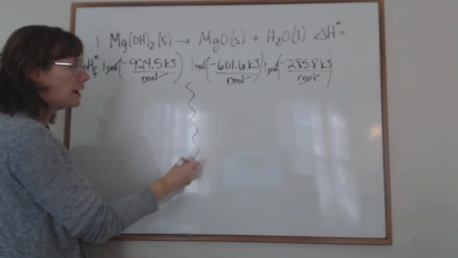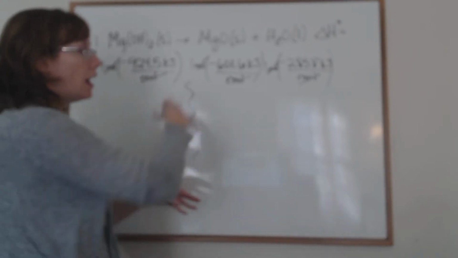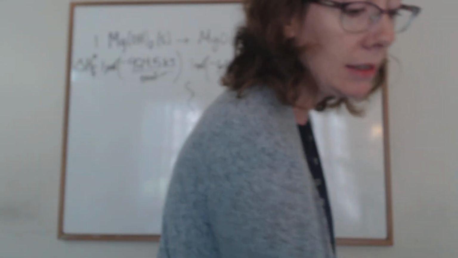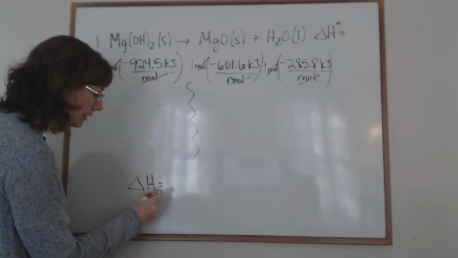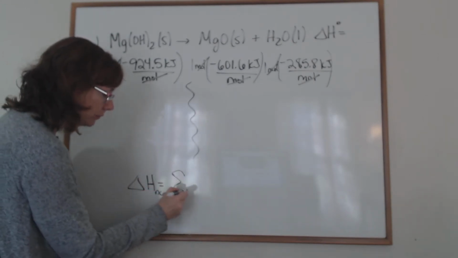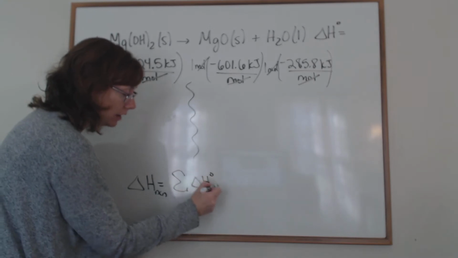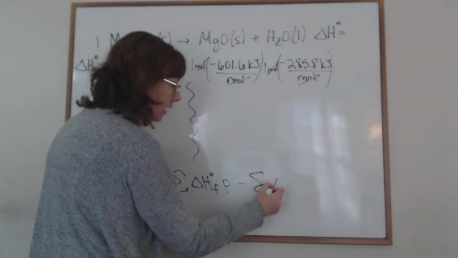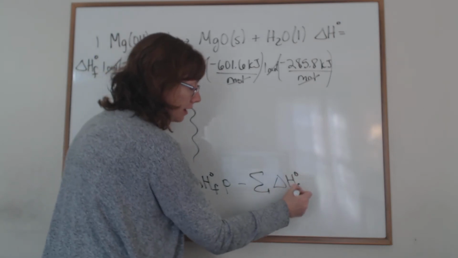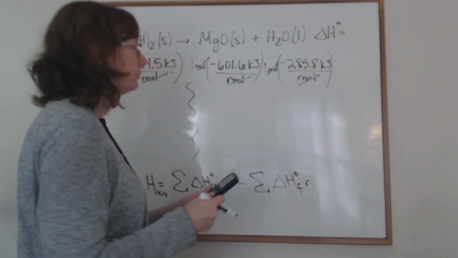So now I divide between my reactants and my products. I sum total both sides, because the equation we're using is this one. To get the delta H for a reaction, we're taking the sum total of the standard enthalpies of formation of the products, and we're subtracting the sum total of the standard enthalpies of formation of the reactants.